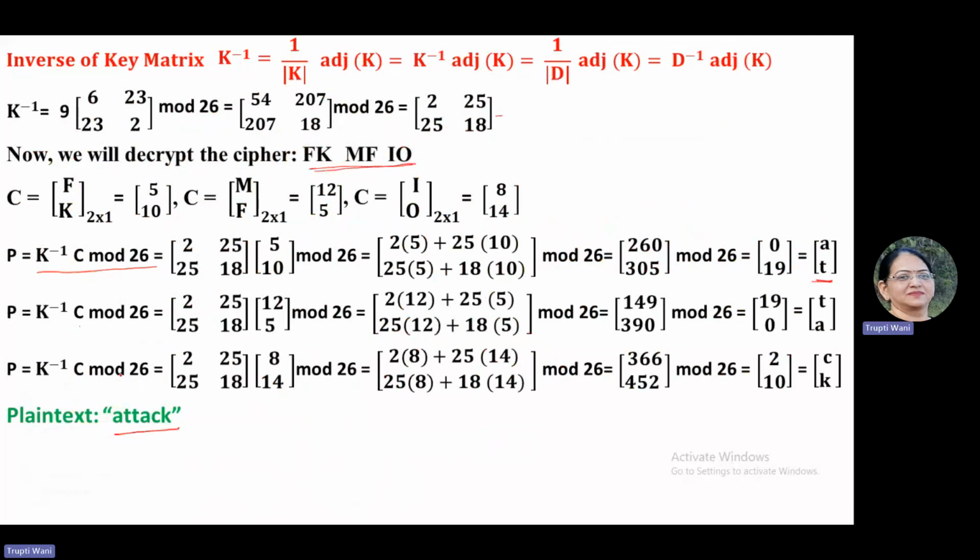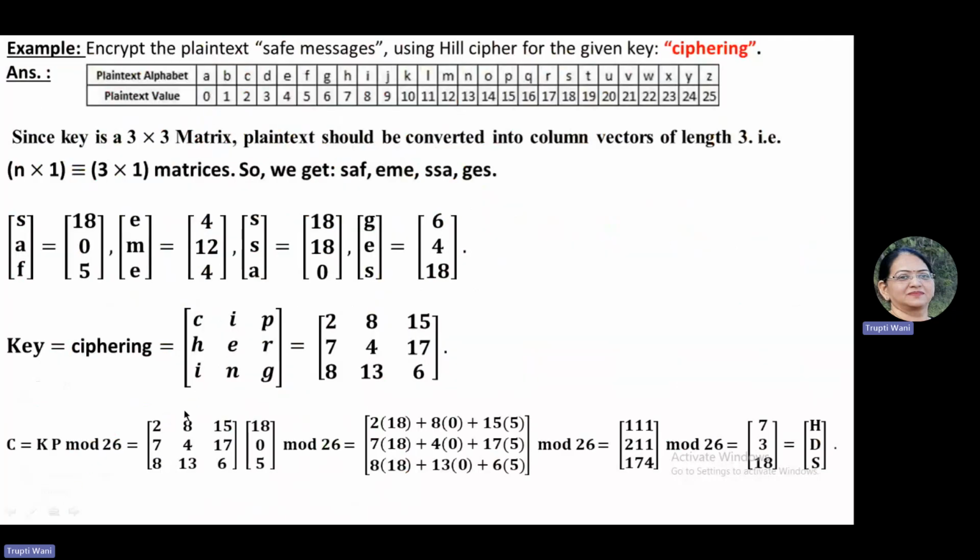We converted the plain text ATTACK into ciphertext, and our ciphertext was FKMFIO. When we applied the decryption method, we got the plain text back as ATTACK. This is an example of a 2 by 2 key matrix. Now we will see another example having key size 3 by 3.